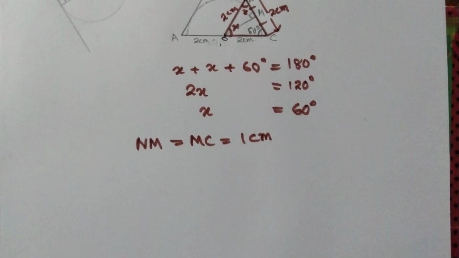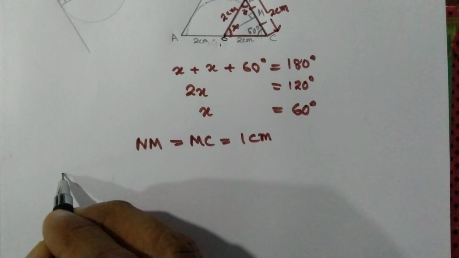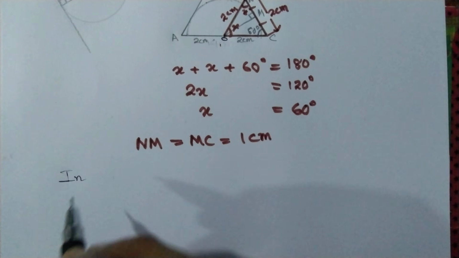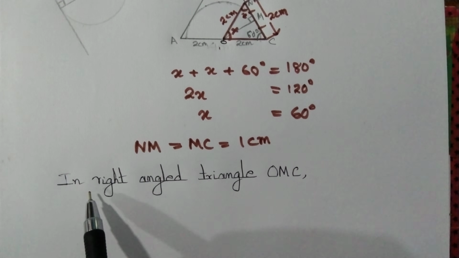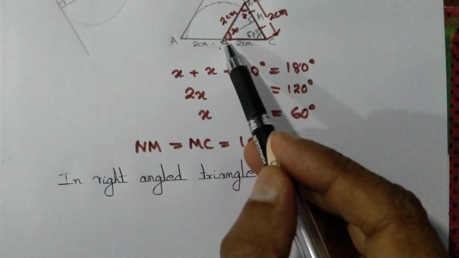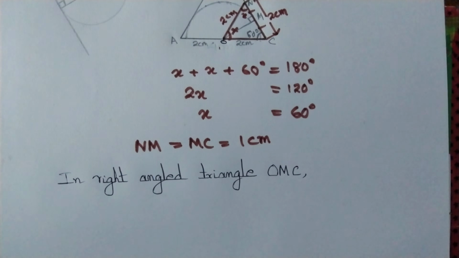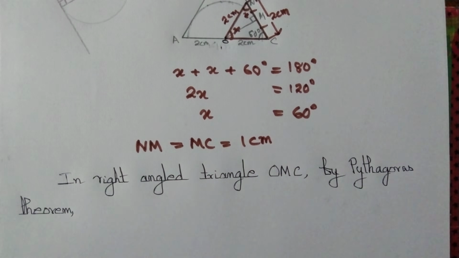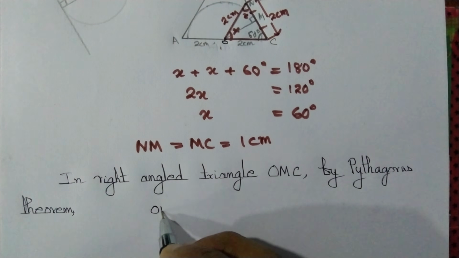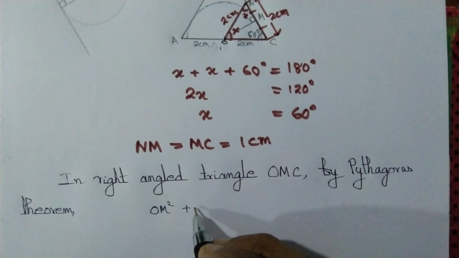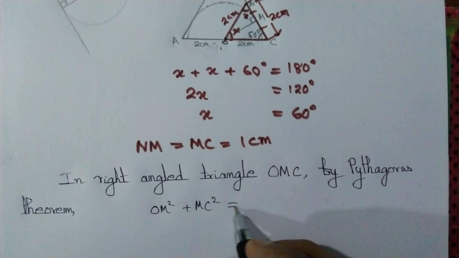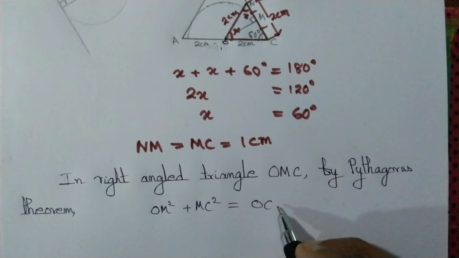Now it is a matter of just applying Pythagoras theorem to triangle OMC in right angle triangle OMC. By Pythagoras theorem, OM square plus MC square equal to OC square.